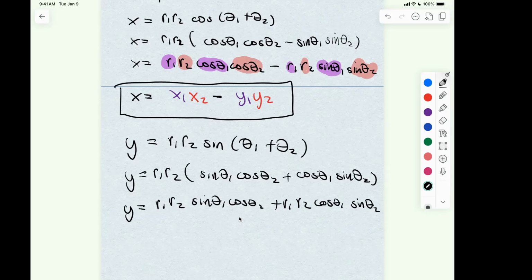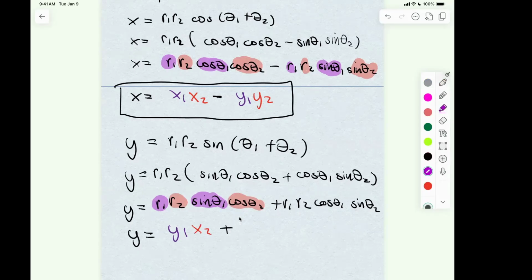And it's similar to what I just did. What is R1 with sine of theta1? That is Y1, right? And then what is R2 with cosine of theta2? That would be X2. And then let's go back here.